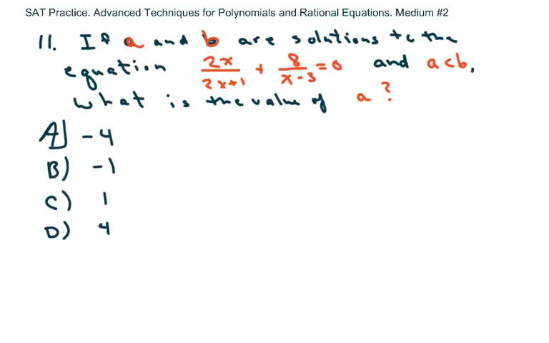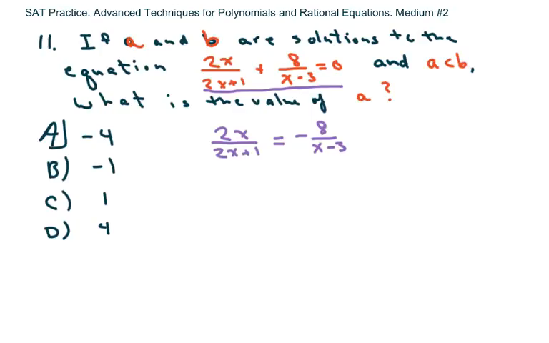So first of all, let's just solve for x and find our A and B like that. The first thing I'm going to do is take this equation and subtract the 8 over x minus 3 over to the other side. So I'm going to move it over, and that's going to be negative 8 over x minus 3.